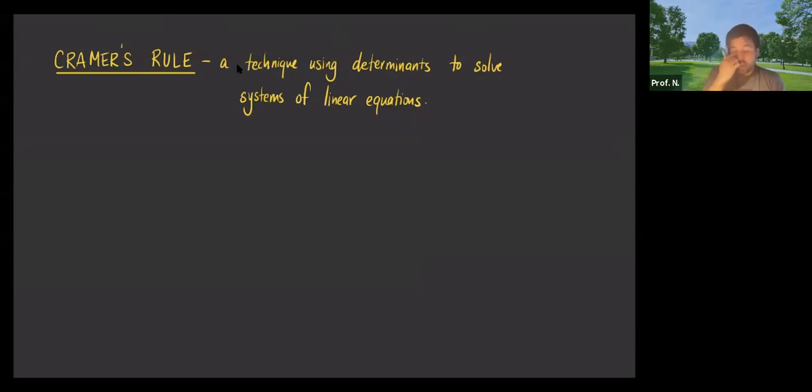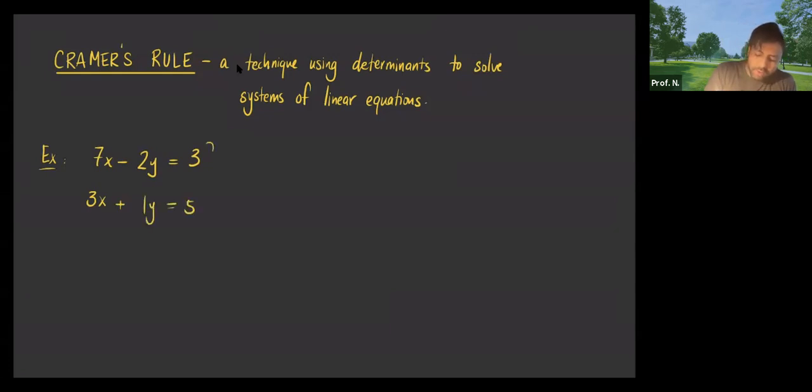It's a pretty interesting, pretty cool technique that works out. Let's start with a very straightforward system: 7x minus 2y equals 3, and 3x plus 1y equals 5.